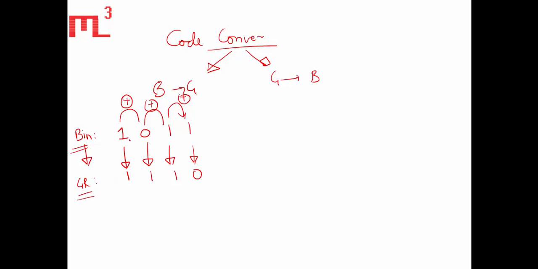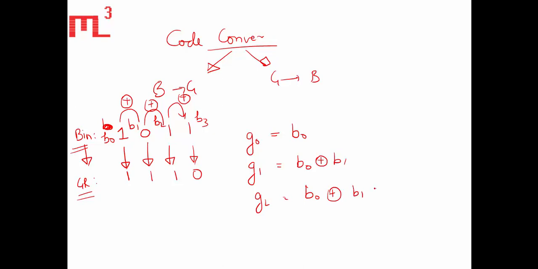If this is your B0, this is your B1, B2, B3, then G0 is equal to B0, G1 is equal to B0 XOR B1, G2 is the XOR of B1 and B2, and G3 is the XOR of B2 and B3.